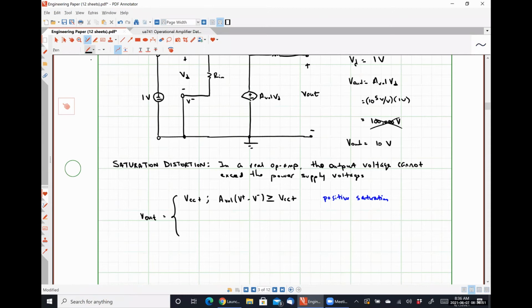On the opposite side of the spectrum, our output voltage will be VCC minus when AVOL times V plus minus V minus is less than or equal to VCC minus, or whenever it's more negative. We call this negative saturation.